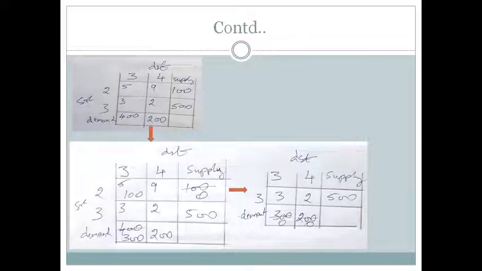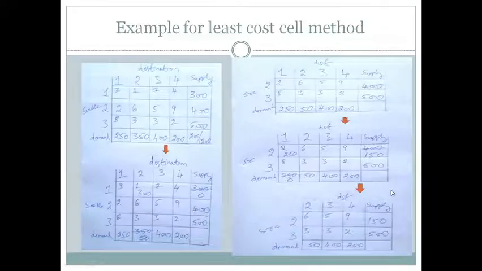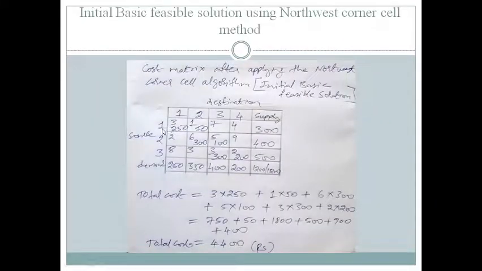Now again we need to trace back all the values we have removed as part of the procedure, and the demand and supply values we added to the northwest corner cells, back to the original cost matrix. And when we do that, we have this matrix. If you notice this 3, C11, the cost was 3, and the corresponding supply or demand value we subtracted is 250.